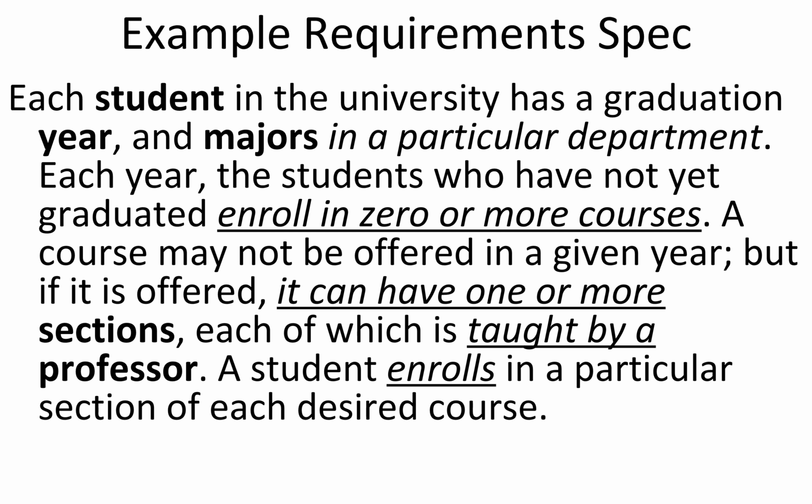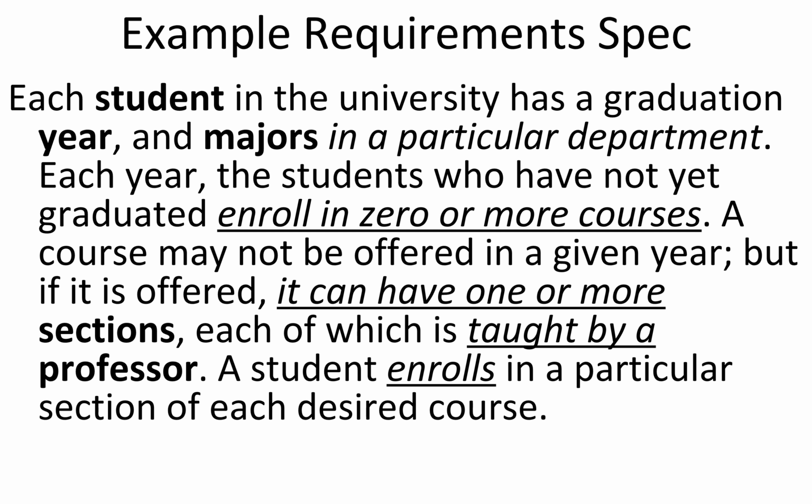Each student in the university has a graduation year, majors in a particular department. They could have said multiple departments, right? But it looks like it's a particular department. Each year, the students who have not yet graduated enroll in 0 or more courses.